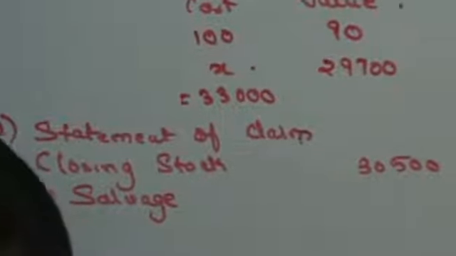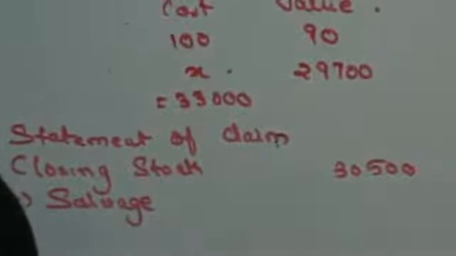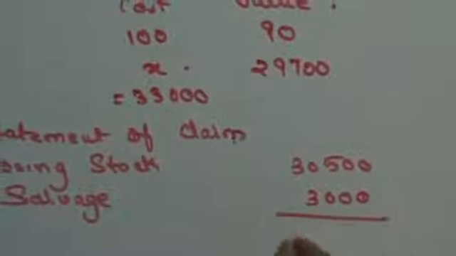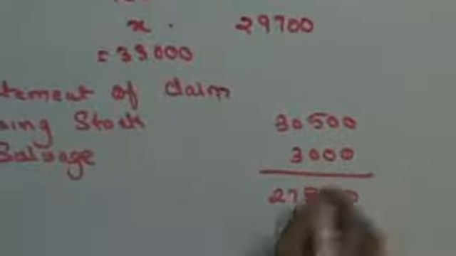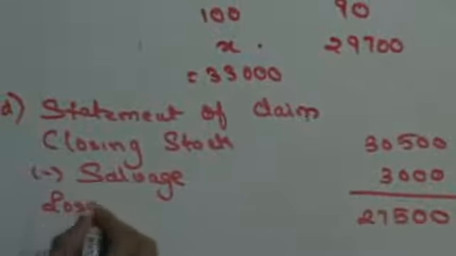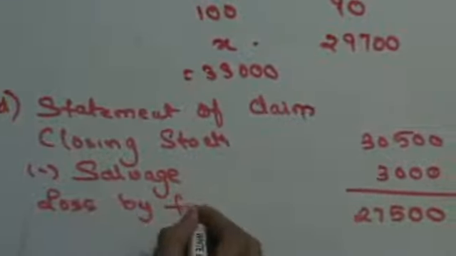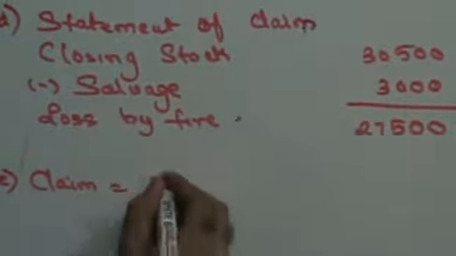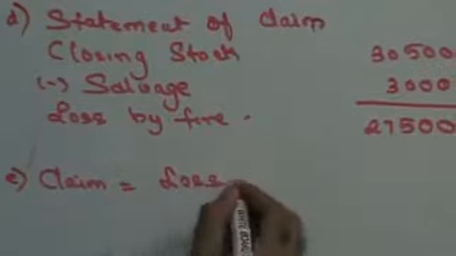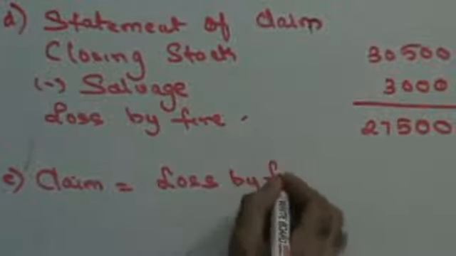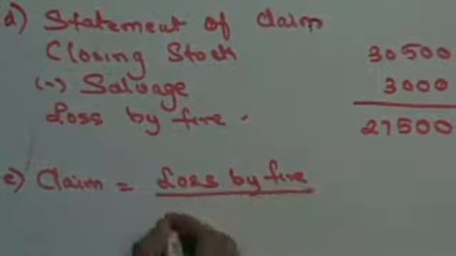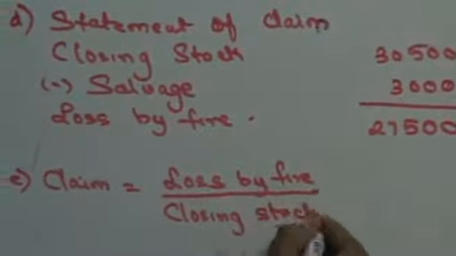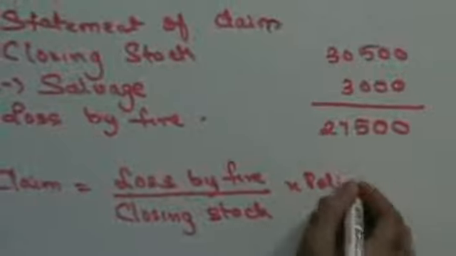How much is the salvage given to you guys? 3,000. So that gives you 27,500. That's going to be my loss by fire. Once I have this, then I can find out claim. Claim is nothing but loss by fire upon closing stock into policy amount.